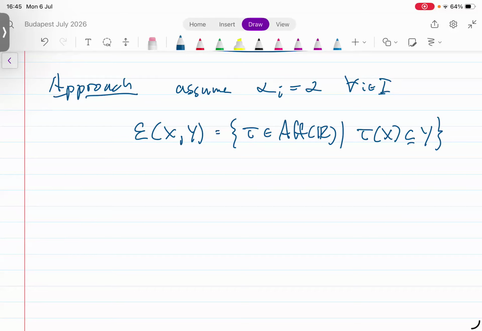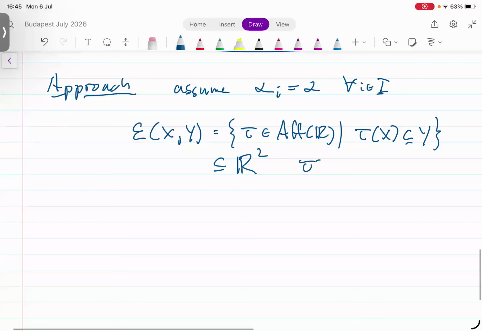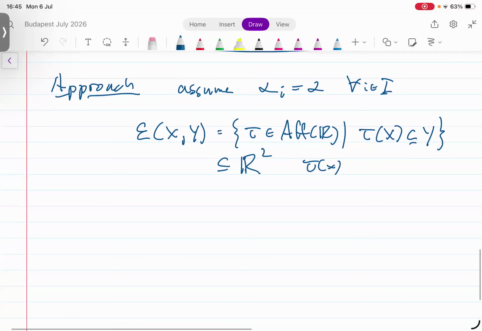And so the affine group is a 2-dimensional group, right? It's parameterized by the contraction and the translation. You can think of this set as a subset of R2, just taking the contraction ratio as the first coordinate, so if tau of x is ax plus b, I'll map it to (a, b). Since I'm only looking at non-singular affine maps, a is never 0, so it's not onto the plane, but it's everything in the plane besides the x-axis.